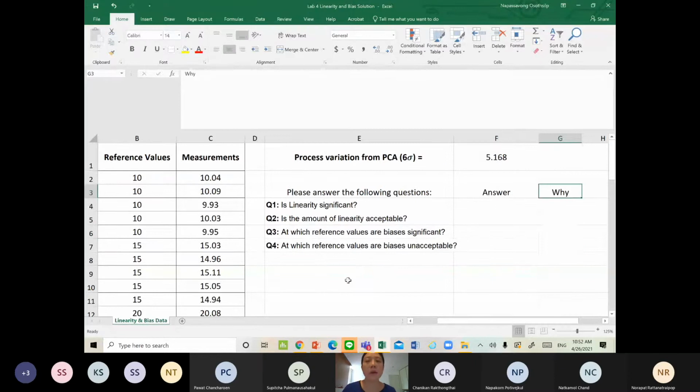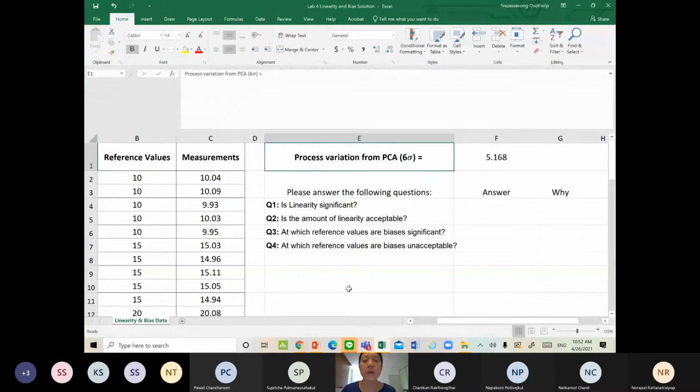In the why column, you can write down the numbers that you consider to make this conclusion. Take a look at this: when you calculate the percentage of bias over process variation, you have to have the numbers. So 6 sigma here.